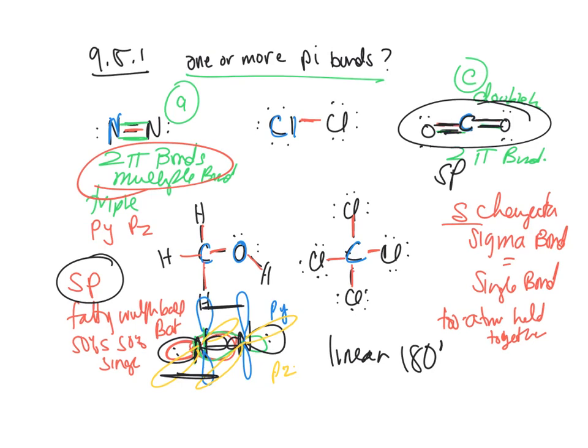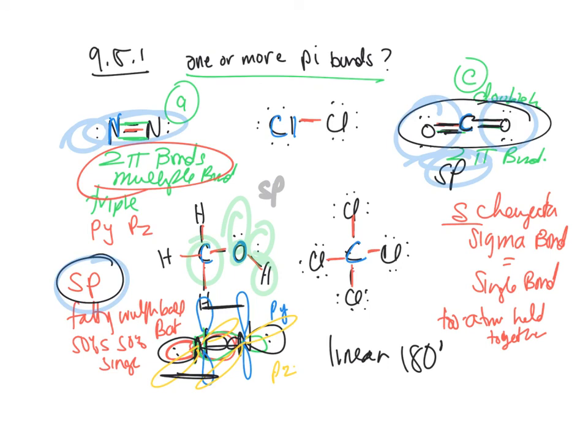Anytime you have linear, why? Well, how many things does carbon have bonded to it? 1, 2. Well, add your superscripts. 1, 2. So that's sp. 1, and you got to count that lone pair, 2, sp. If you want to figure out what this oxygen is, you have 1, 2, 3, 4. It's tetrahedral, sp3. So you would have to have 4 of those, sp3.